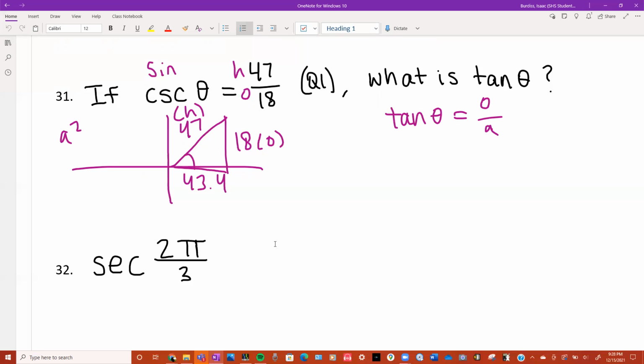And we just used Pythagorean theorem, but that's pretty much something you already know, so hopefully that makes sense. So that is our adjacent. So tangent of an angle is 18 over 43.4.